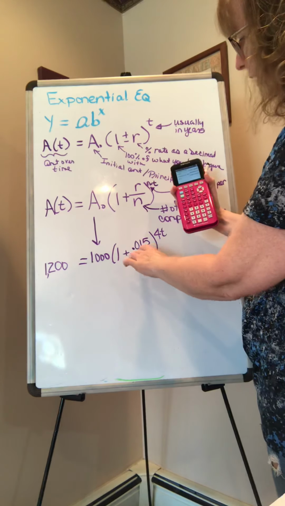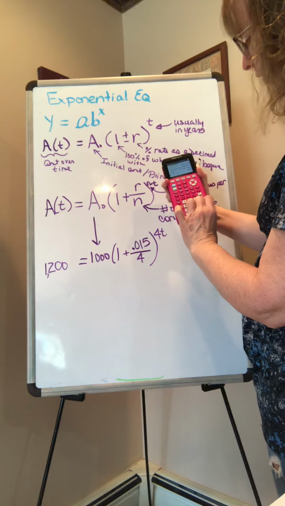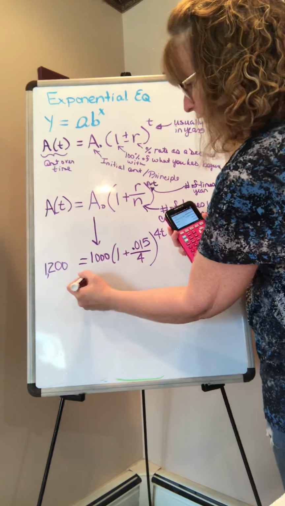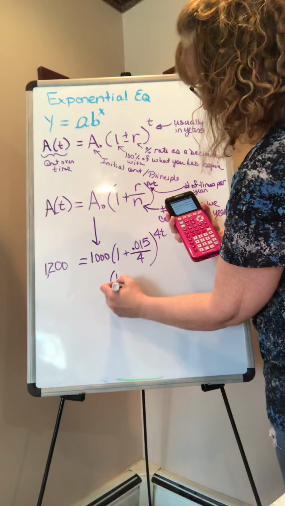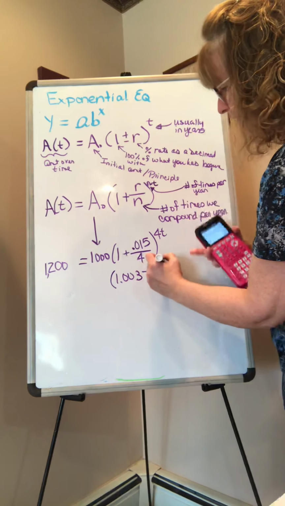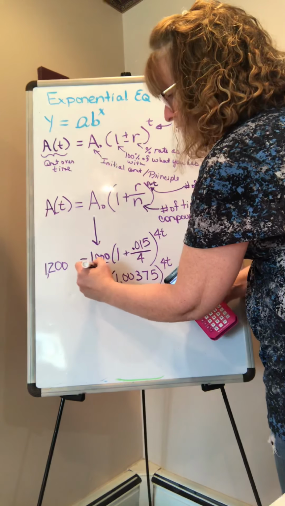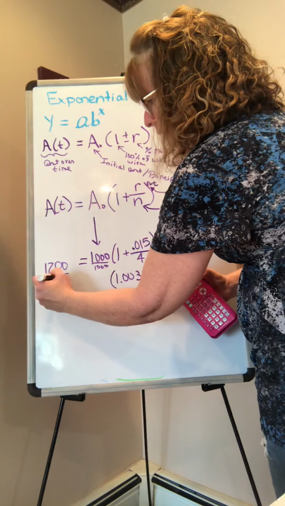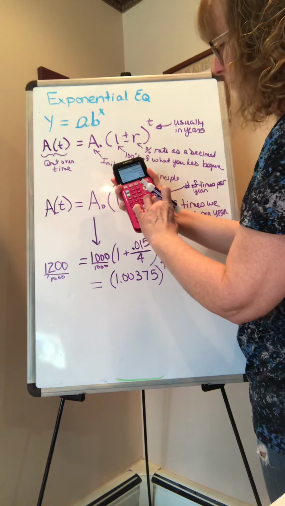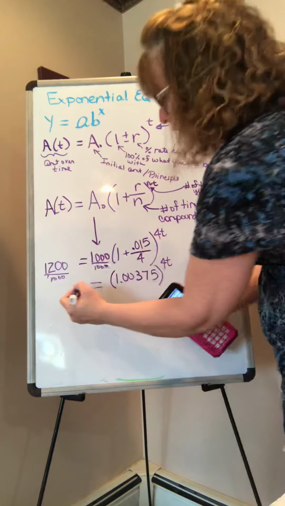Here's the interest rate, 0.015, divided by 4, and we get 0.00375, and then we added 1 to that. We were really careful. And so this gives me now a parenthesis of 1.00375, and this is still 4t up here. And now I'm going to divide both sides by 1,000, because we always did that. So we have 1,200 divided by 1,000, and we get 1.2.